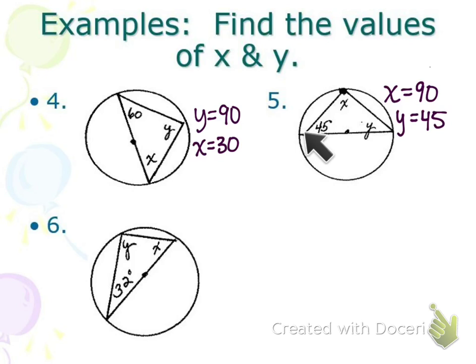It goes through the center. X is across from it. It's the right angle. On number 6, which one has to be our right angle? Y. So y is 90. And what is x going to be? 58.